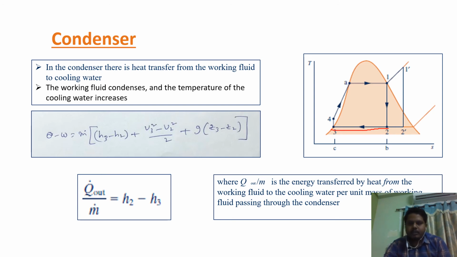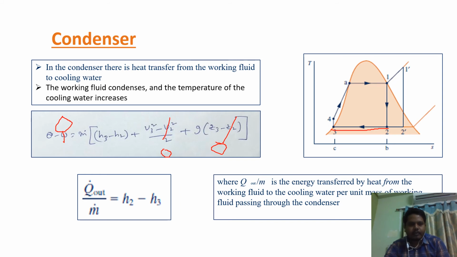But see what is happening here: there is heat rejection at constant pressure. There is no work, so the term W is 0. Generally we neglect the kinetic energy and potential energy. When we neglect those and the work term, what is the final equation?